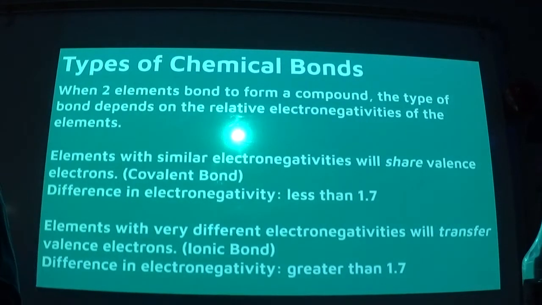So if our two electronegativities are within 1.7 of each other, we're going to say that that's similar enough to make a covalent bond. If I have two elements and their electronegativity is more different than 1.7, the difference is greater than 1.7, we'll say that it's an ionic bond. Okay. Technically it's a spectrum, but it's a common cutoff point, so it just makes things simpler for us.